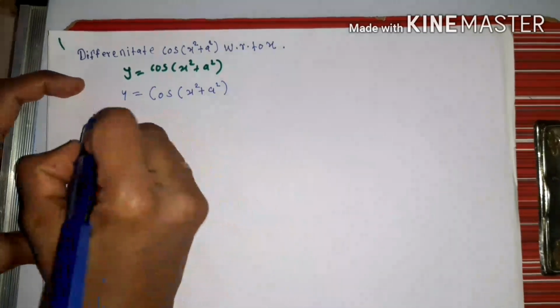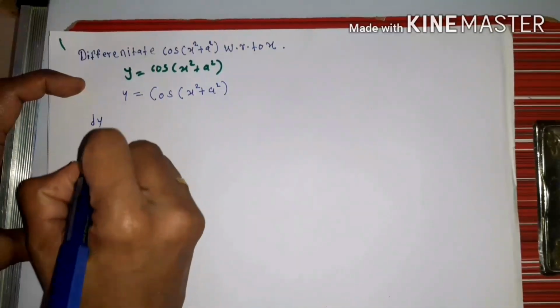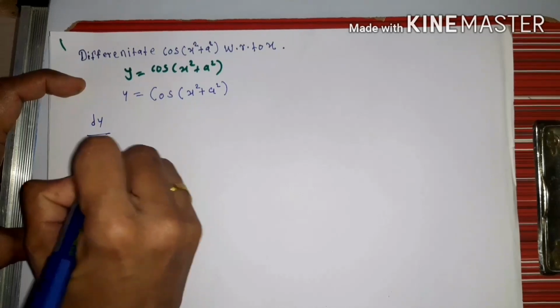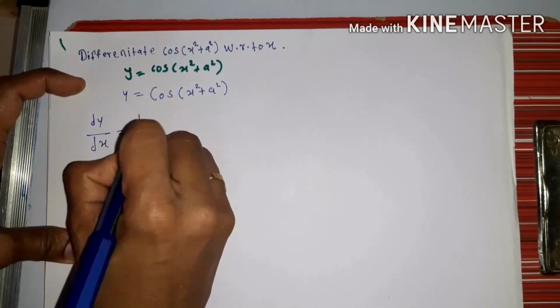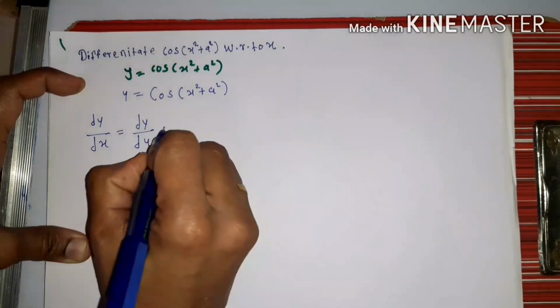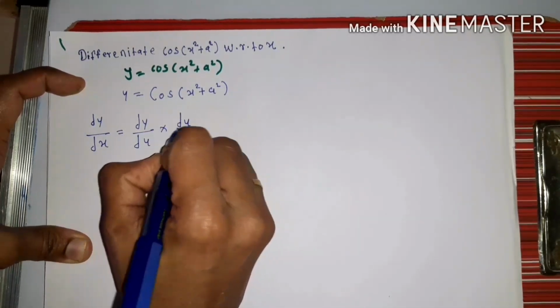We know that dy by dx equal to dy by du into du by dx.